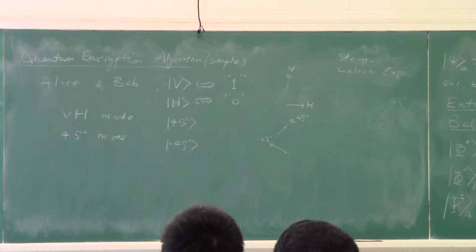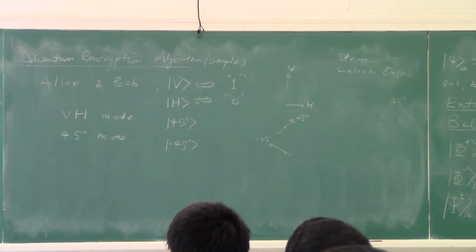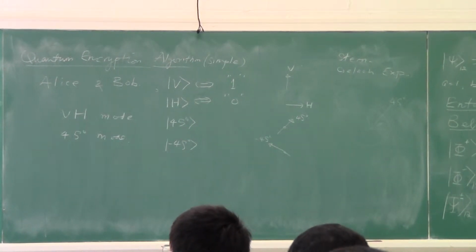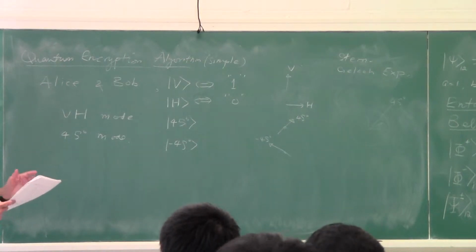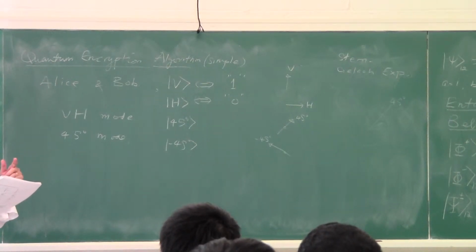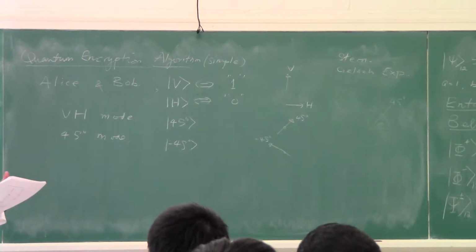So if Alice sends out a photon that is vertically polarized, by making sure that the photon goes through a vertical polarizer, and then if Bob receives it with a 45 degrees polarizer, then Bob would only receive that 50% of the time correctly, that he would see a photon going through his polarizer.